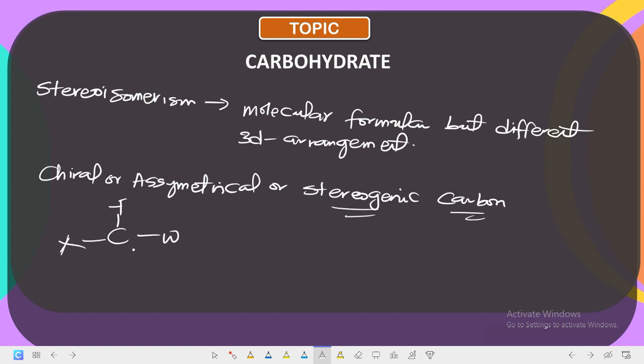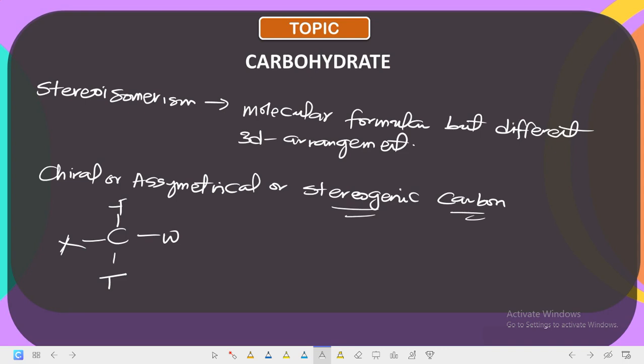For instance, if you look at this structure, it has 4 different groups, and they mustn't be different functional groups.